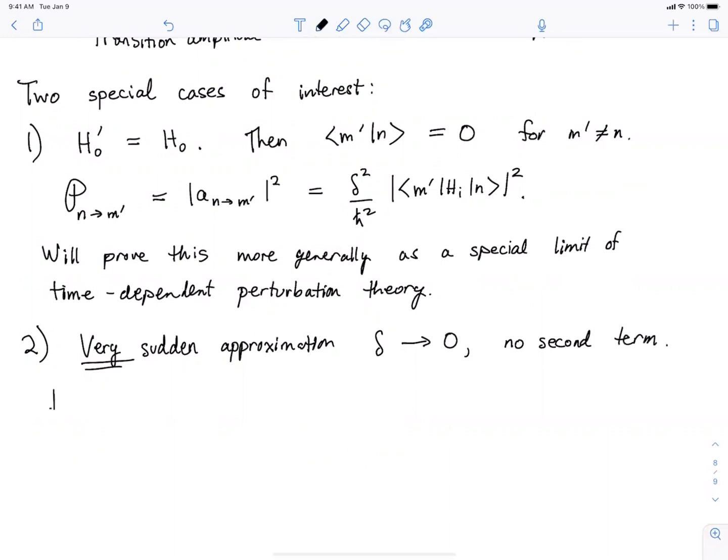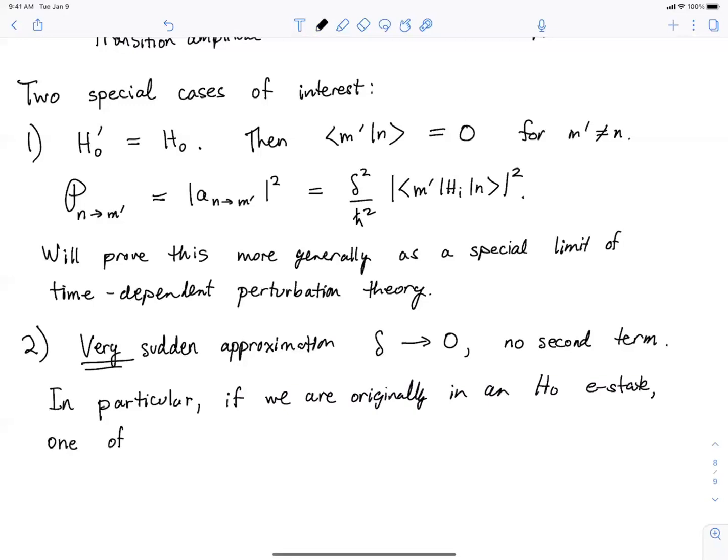And so in particular, this is very common. You might be in an eigenstate of H0. So if we are originally at time t less than 0 in an H0 eigenstate, okay, so one of the Bn's is non-zero.